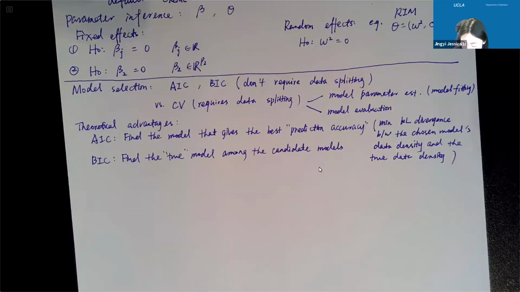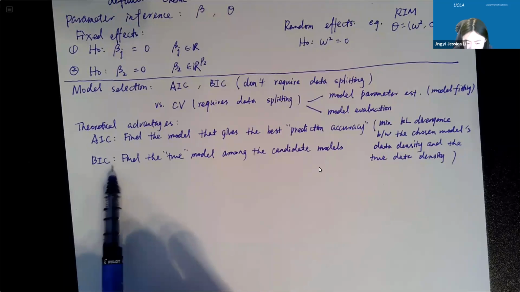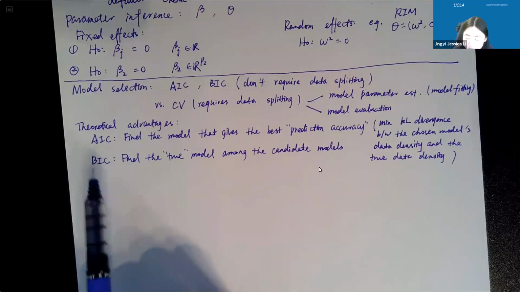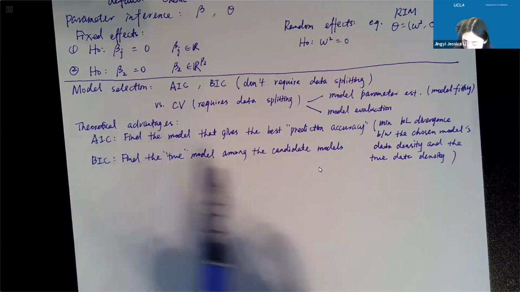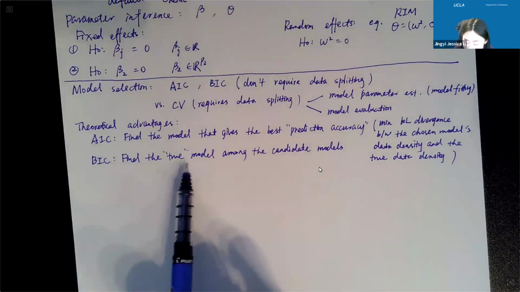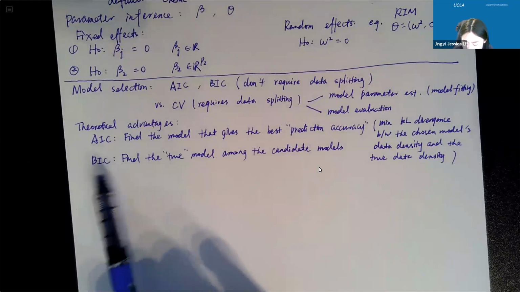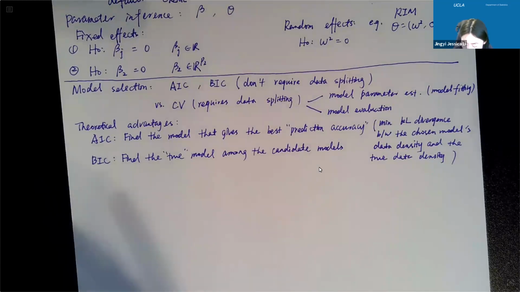This approach has a nice theoretical guarantee: if there is one model among your candidate models that is the true model from which your data are generated, then using BIC, as your sample size goes to infinity, you can find the true model. So that's the theoretical advantage of BIC.